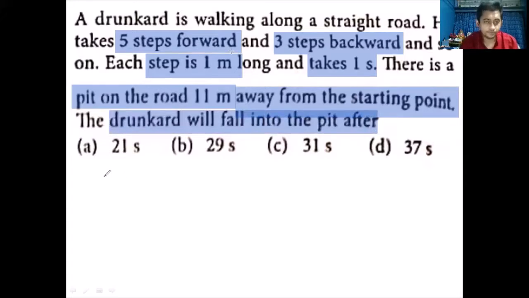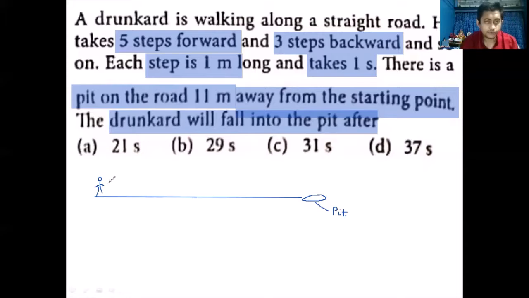Try to understand. We can say that this is the drunkard, and from the drunkard there is a hole, a pit, at a distance of 11 meters away from him. This is the pit. So the question asks us, after how much time will the drunkard fall in this pit?